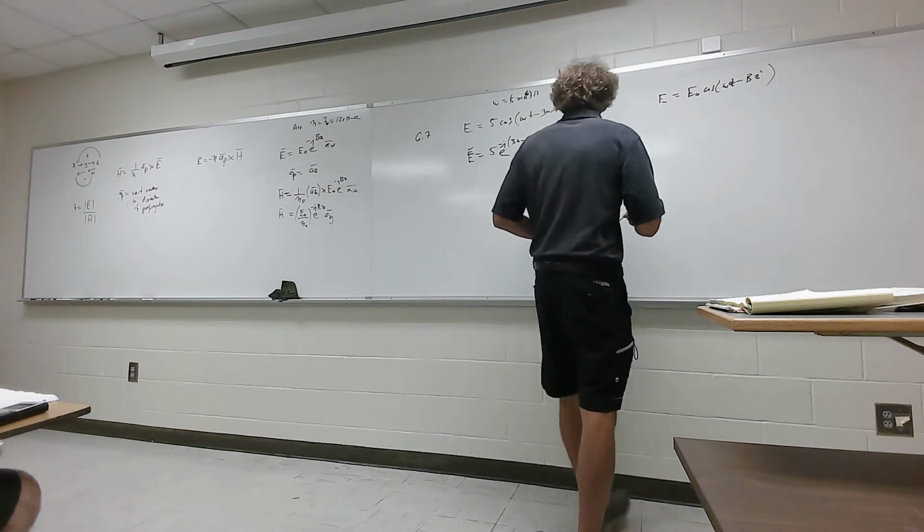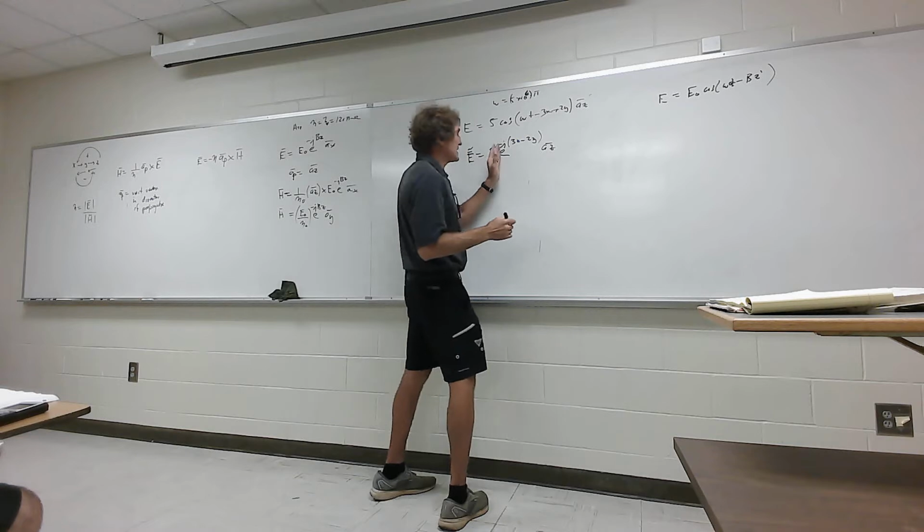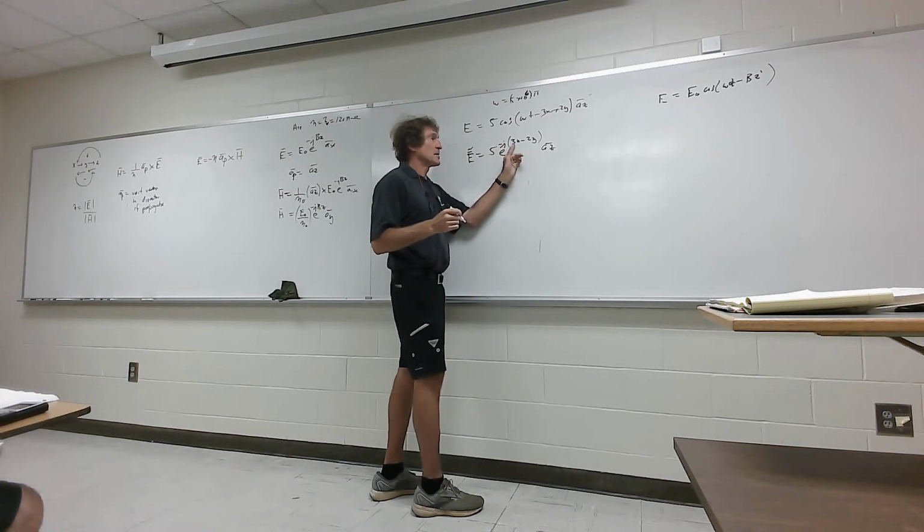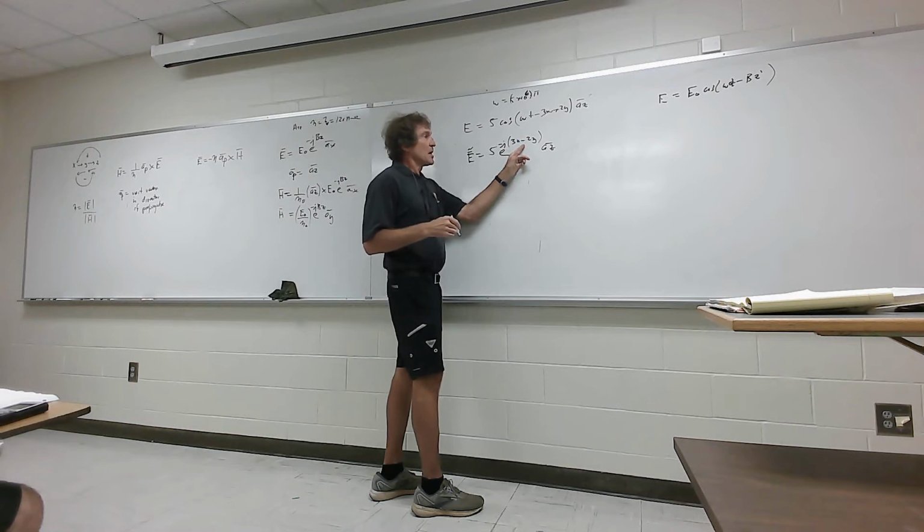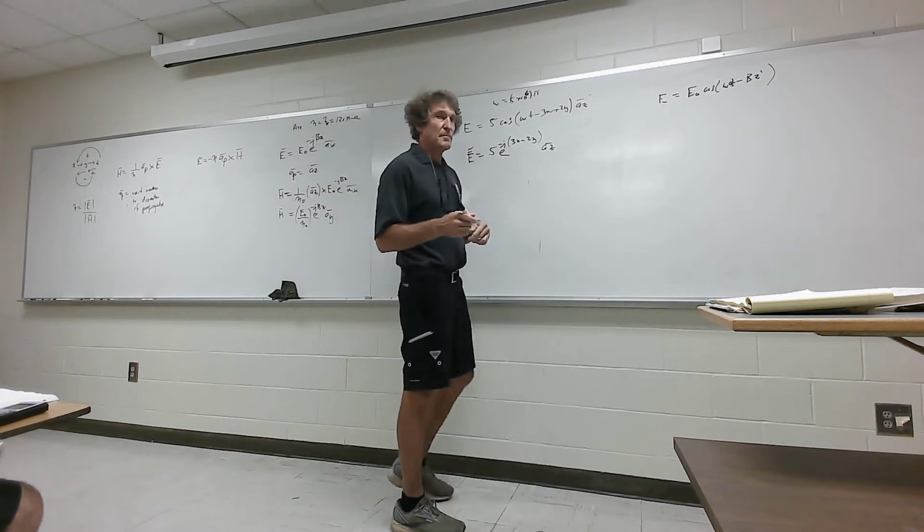Now, here, I made sure I had minus j beta z, or beta z prime. The reason I did this is, now I can break out both the magnitude of beta and the relative strengths of the x and y weights, and I'll show you what I mean by this.